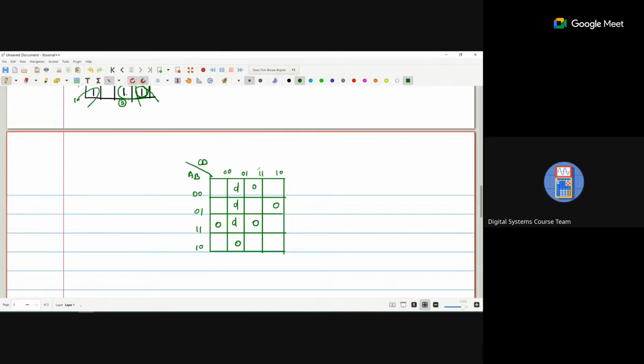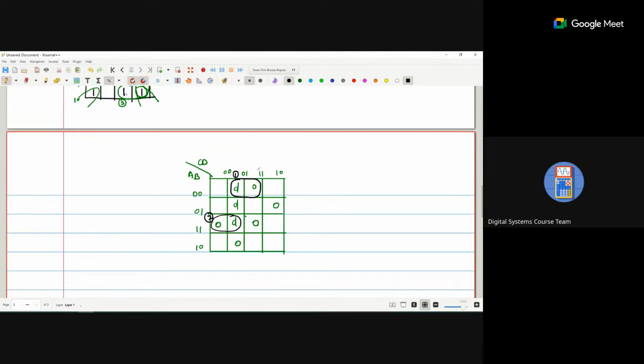Now we can create one group, this one, because otherwise this zero is a single term. To create a group, I consider this D, so my one group is created. This zero is single, so I consider this D to create my group. So this is first, second.